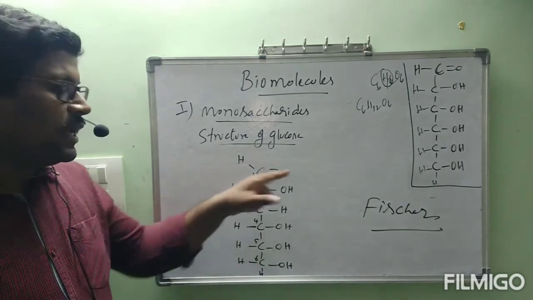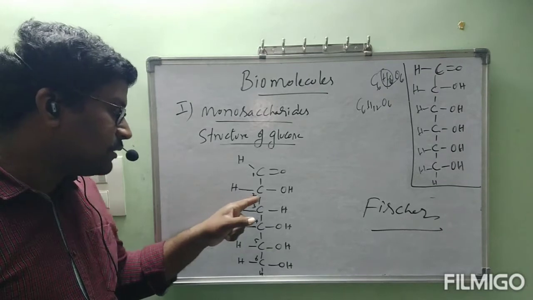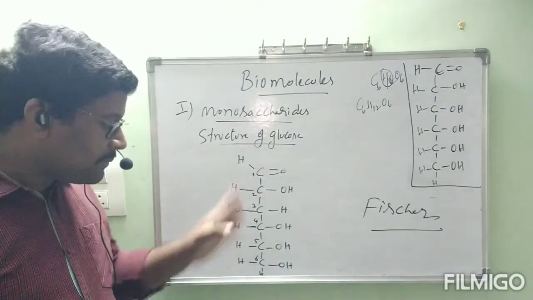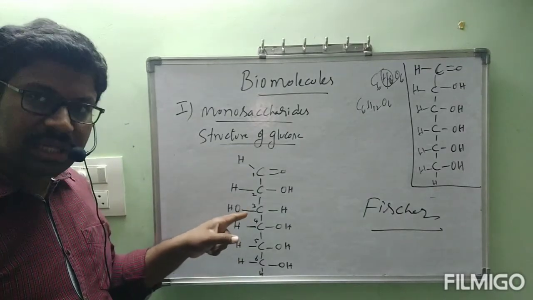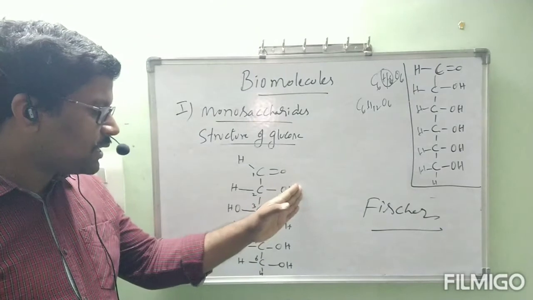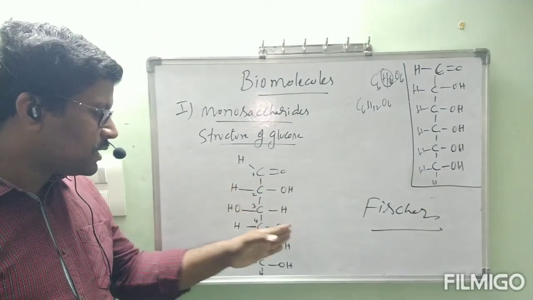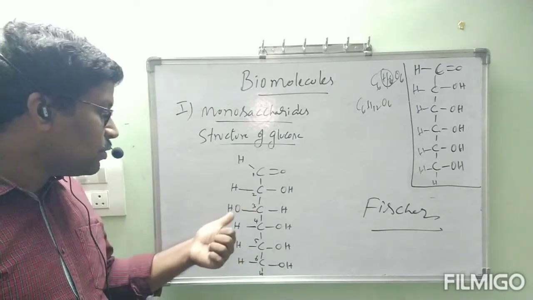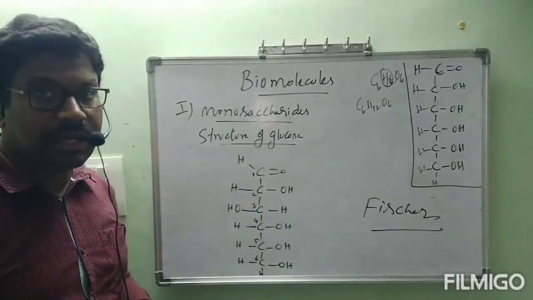First carbon atom, aldehyde. On the second carbon atom, OH is on the right side and H is on the left side. Remaining carbons, except carbon atom 3, contain OH group on the right side and H on the left side only. But on the third carbon atom only, OH is present on the left side and H is present on the right side.